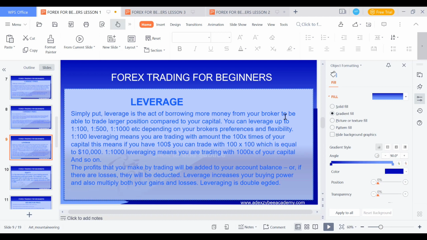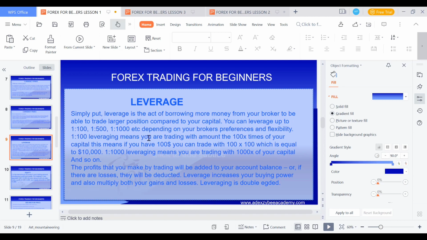So how does this leverage affect your account? It's the act of borrowing more money from your broker to be able to trade larger positions compared to your capital. You can leverage up to 100, 500, 1000, etc., depending on your broker's preferences and flexibility.